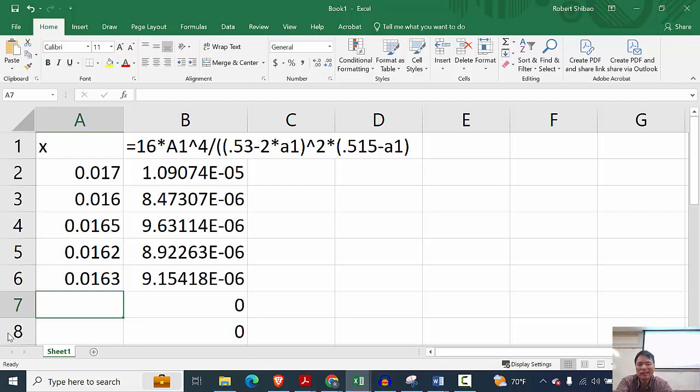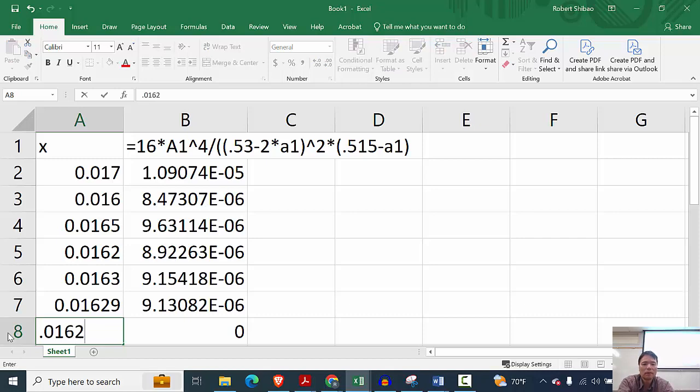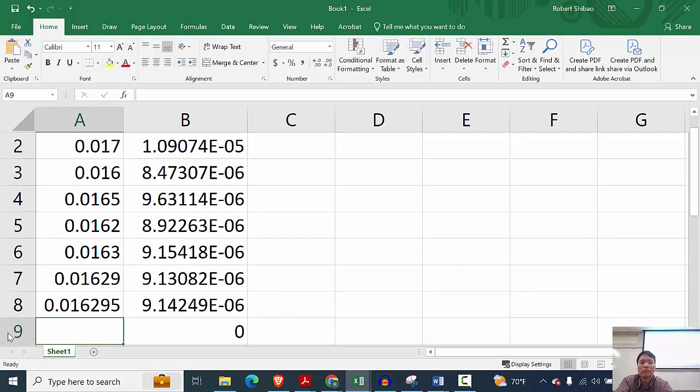It's just a hair too big. 0.01629. A hair too small. 0.016295. Okay, that's good enough. As long as it rounds to 9.14, we're okay.